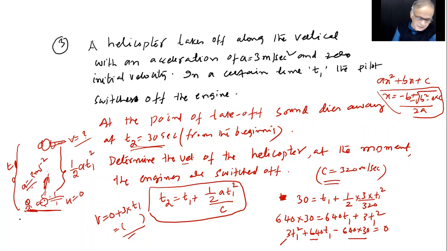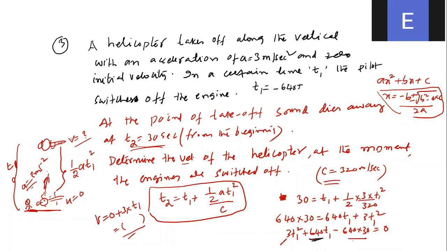People are not helping. A, B, C we know. So T1 equals, what should I get? Minus B. What is minus B? Minus 640, right?